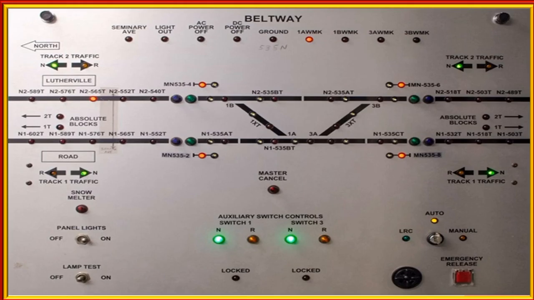The approach locking test tests the 3 track circuits in approach of a signal that governs the movement of trains into an interlocking. As you remember, this is an interlocking between the 4 signals that control train movement into and out of this interlocking.